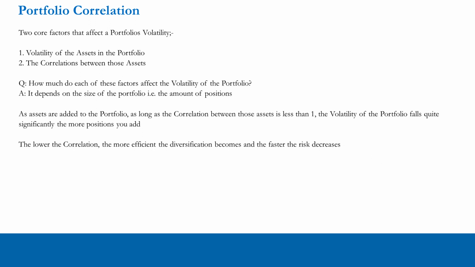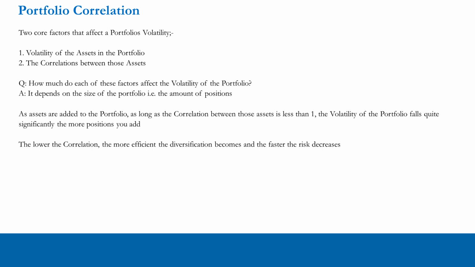Because as assets are added to the portfolio, as long as the correlation between those assets is less than 1, the volatility of the portfolio falls quite significantly the more positions that you add. And the lower the correlation, the more efficient the diversification actually becomes, and the faster risk of the portfolio decreases.